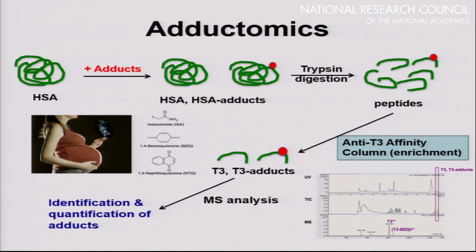Addictomics, and this is something that bridges both metabolomics and proteomics, allows us to look at exposures, the adducts, the modifications, the reactive electrophiles that bind to or modify proteins. And Steve has pioneered a lot of this, where we're looking at serum albumin adducts, and these can be characterized by mass spec. So you look at the protein, but break it up to look at the metabolites.